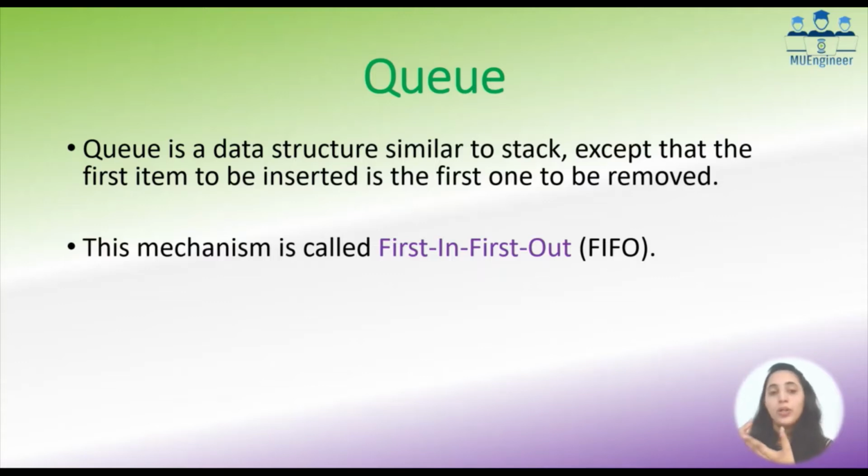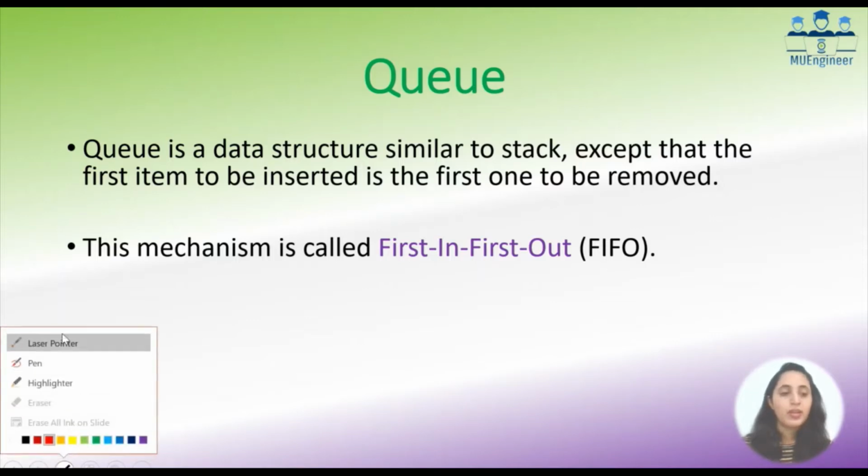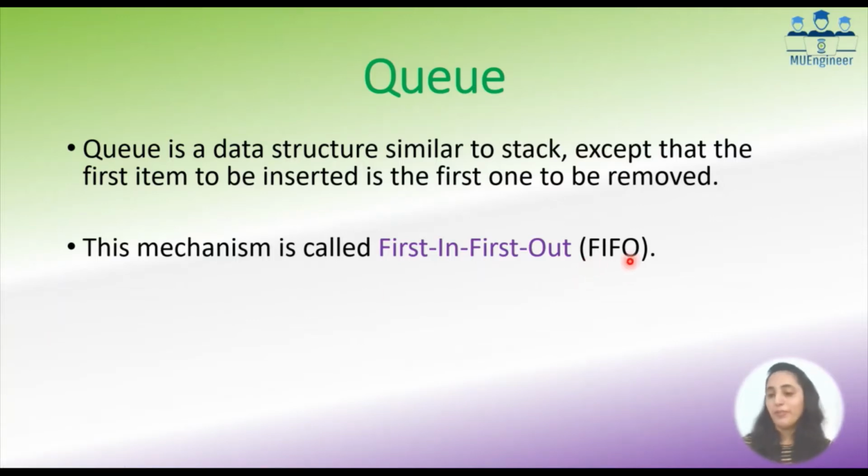In a queue, the way of operating is a little different. The first one which we add is the first one to leave, then the next one, then the next, and so on. The first one leaves first and the last one leaves last. That's why the mechanism is called first in, first out, or FIFO in short.